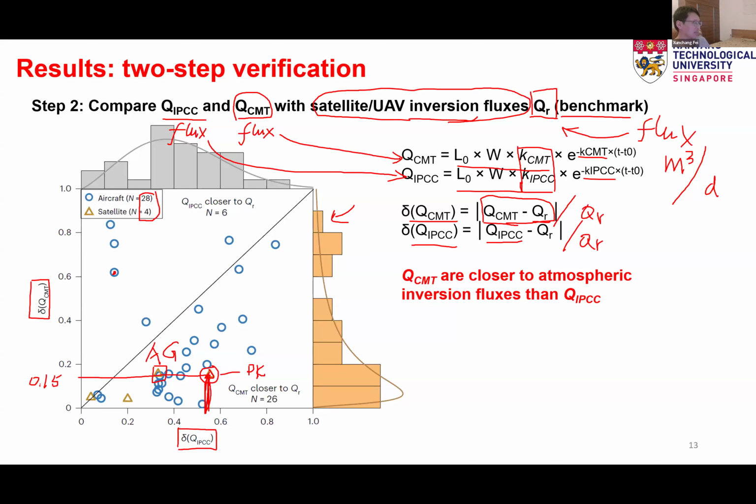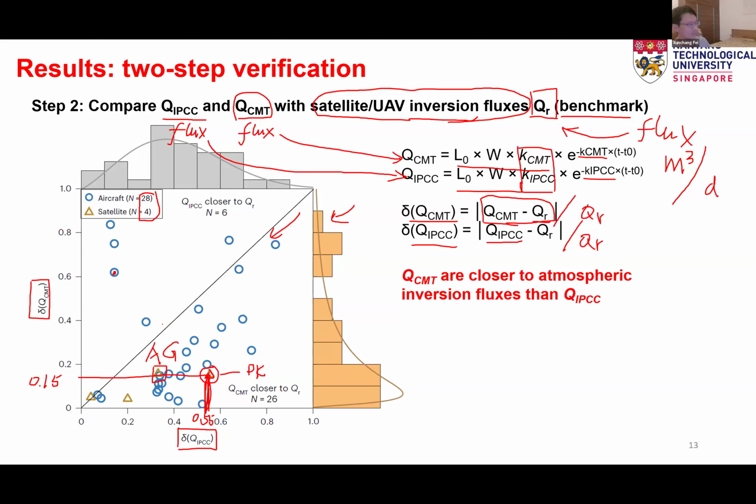That is our error versus their error, the IPCC error, let's say 0.55, right? So this is just one point showing that indeed our approach is better. We have a smaller error. And then we just keep doing this for all these sites with satellite or airplane data. And we see that most of the data are below this one-to-one line.